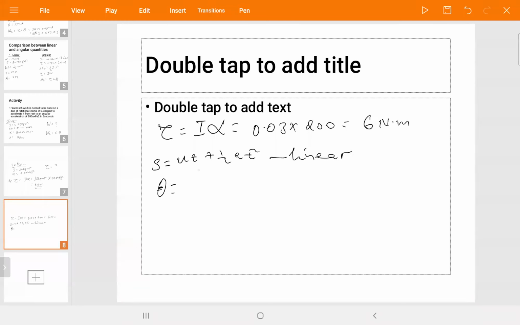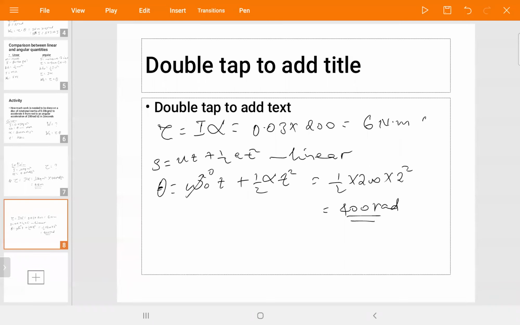And for rotational, we have to use the same expression: instead of initial velocity, initial angular velocity times time plus 1/2, but instead of linear acceleration, we use angular acceleration times time squared. But fortunately, the first term becomes 0 because the motion starts from rest, and the rest is 1/2 times 200 times 2 seconds squared. Then this becomes 400 rad.